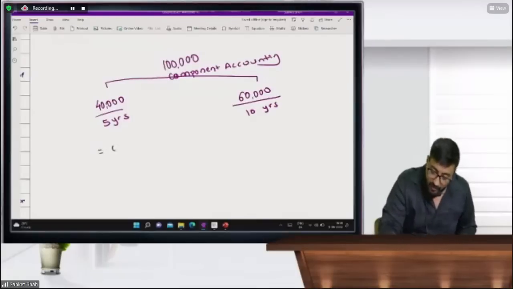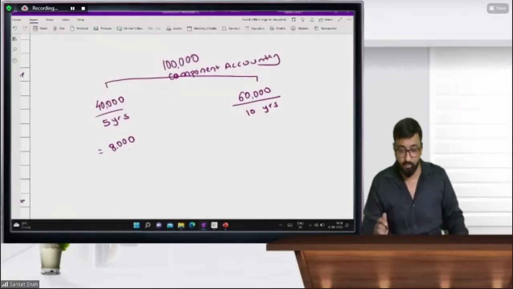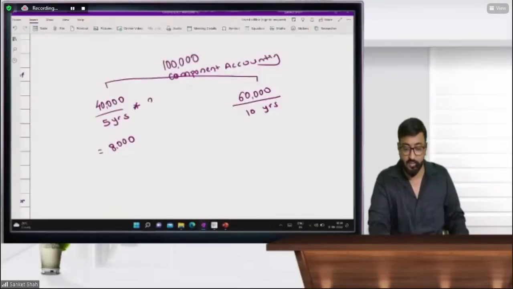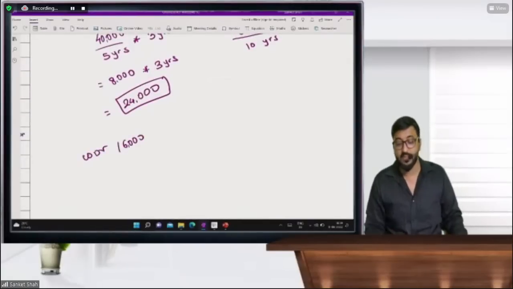It is giving me 8,000 rupees depreciation, and assume after 3 years I replace this previous part. 24,000 is my depreciation, so I am left with 16,000 WDV. So my depreciation is 24,000 and I am left with 16,000 WDV.